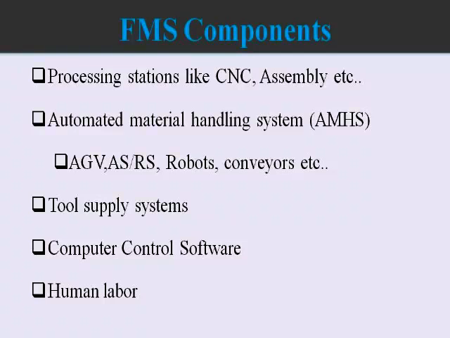And all the machines must be connected by means of automated material handling systems. Maybe different kinds of automatic conveyors, robots, or AGVs, or sometimes ASRS, automated storage and retrieval systems. They are all used as automated material handling systems in FMS. And we need tool supply systems, computer control software and human labor. There is a role for human beings to play in an FMS situation.